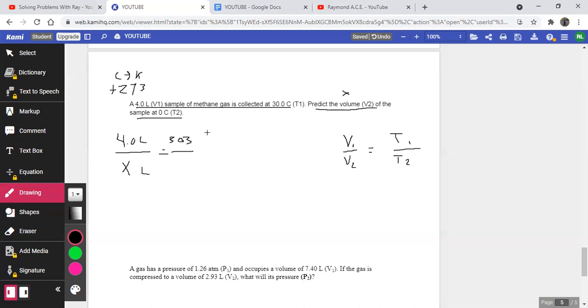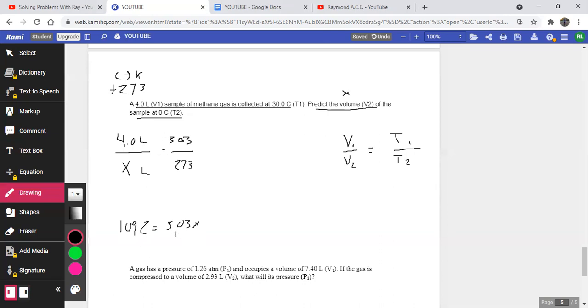And then whatever we do to the top, we do to the bottom. 0 degrees Celsius, so add 273, so 273. What do we do from here? It's a proportion, so we cross multiply: 4 times 273 equals 1092, which equals 303x.